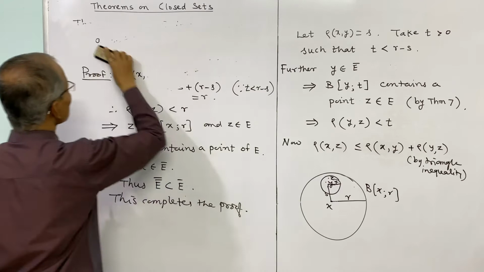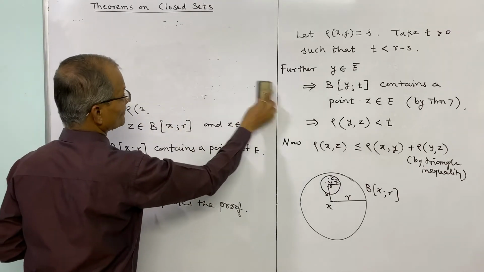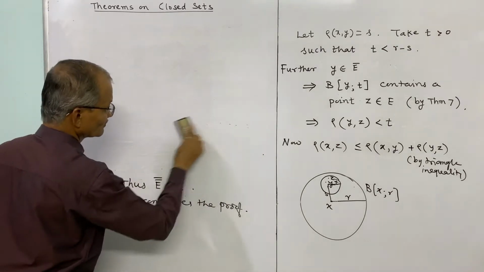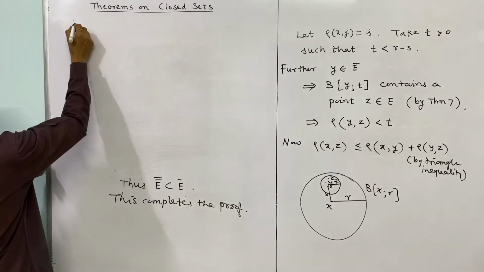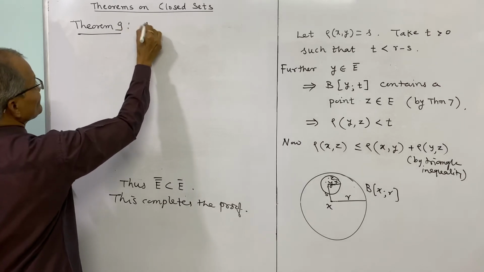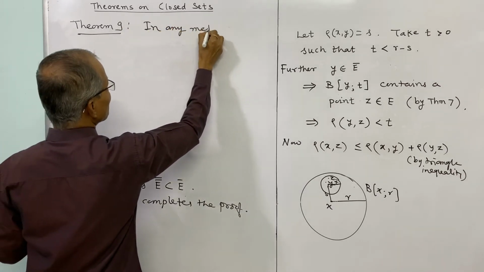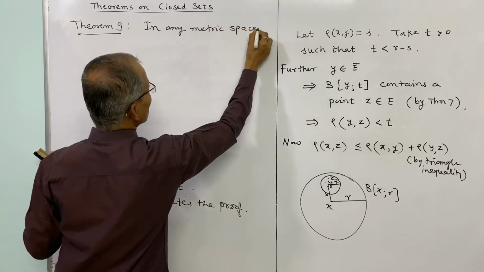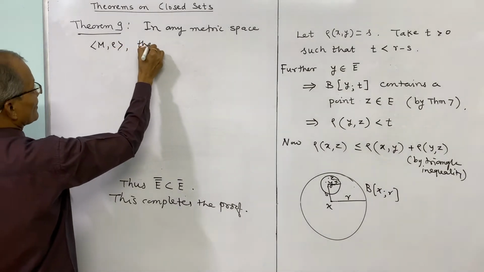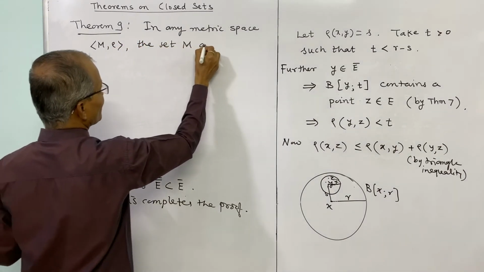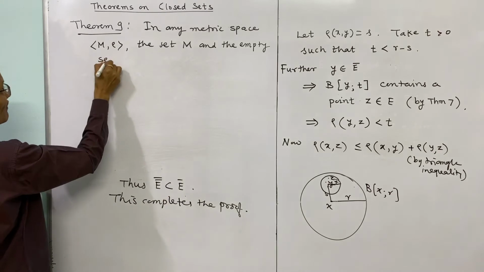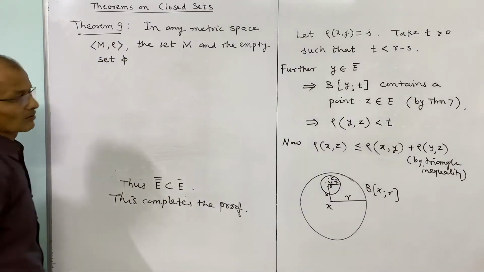Now we will consider the next one, that is theorem number 9. In any metric space (M, rho), the set M and the empty set phi are closed.